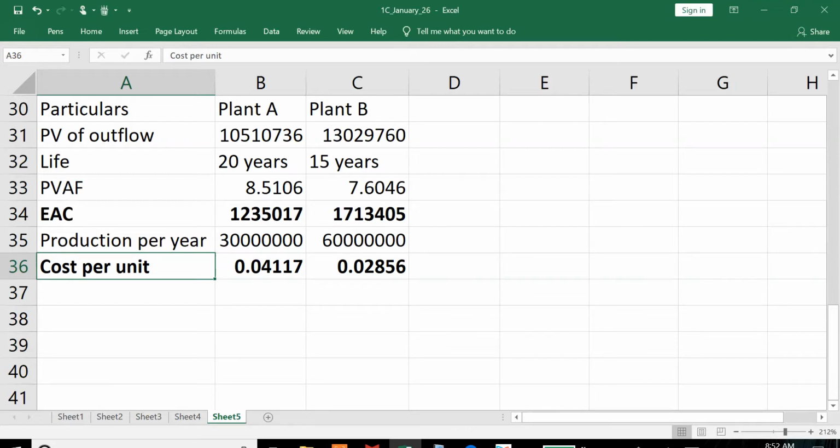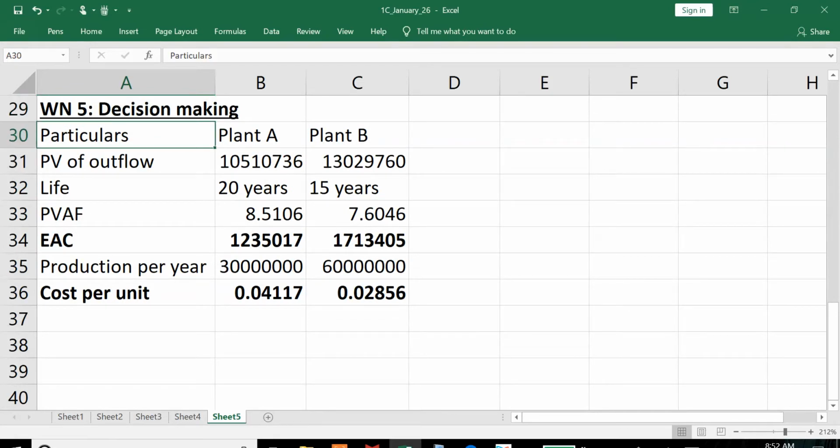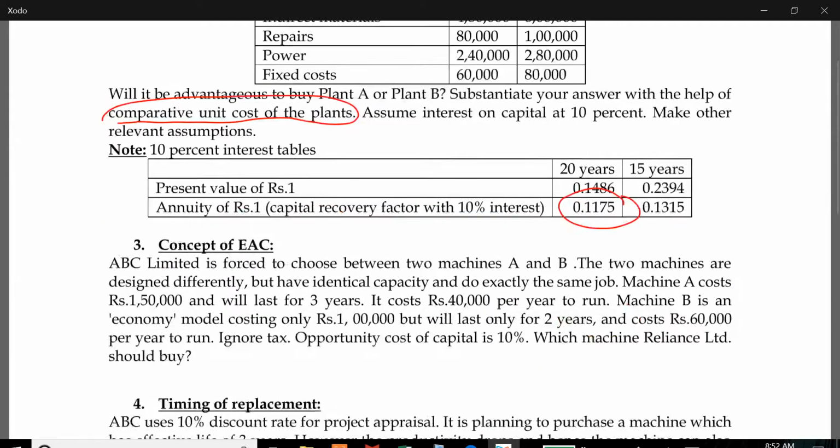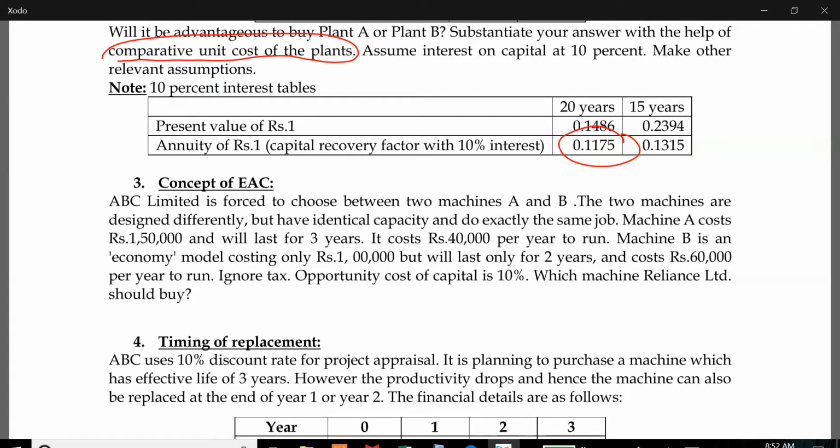Any doubts on this part? Okay. Let's move to question 3. Go through this question. We'll complete question 3.